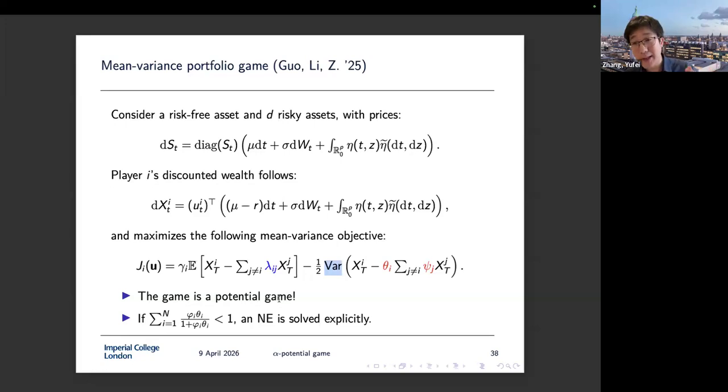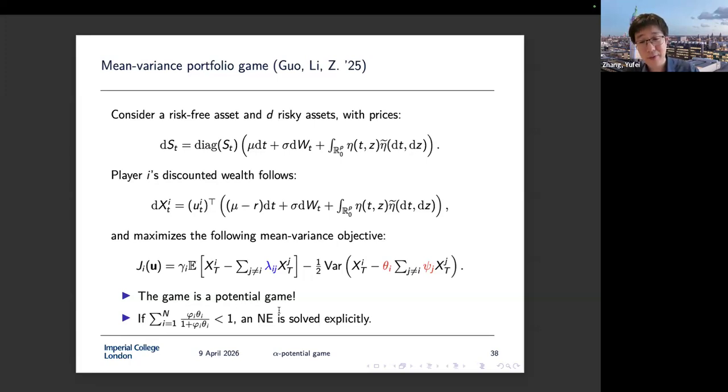And then we show that because it is a potential function, any optimizer of this linear quadratic control problem is a Nash equilibrium of the corresponding game. And then we show that under certain conditions, which depend on the interaction in the reward term, the corresponding linear quadratic control problem has an optimizer, and then you can find the corresponding Nash equilibrium of the game. And this Nash equilibrium can be solved explicitly in feedback form.